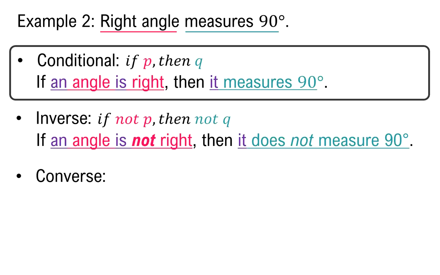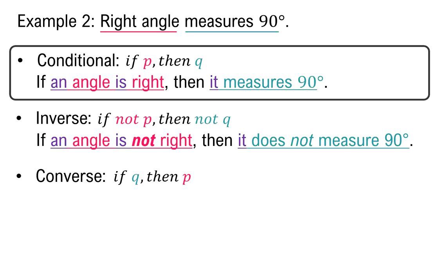How do we write naman yung converse statement given this conditional statement na if an angle is right, then it measures 90 degrees? So, kapag sinabi natin converse, ang gagawin lang natin dito ay i-interchange lang natin or i-switch lang natin yung places ng hypothesis at conclusion. So, pagpalitin lang natin. So, we can write our statement na if Q, then P. From our conditional statement, our hypothesis is an angle is right at yung conclusion naman natin ay it measures 90 degrees.